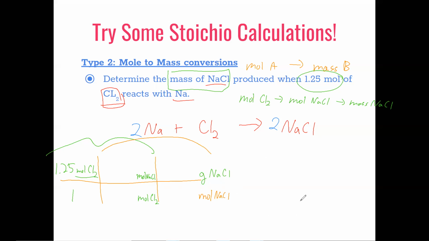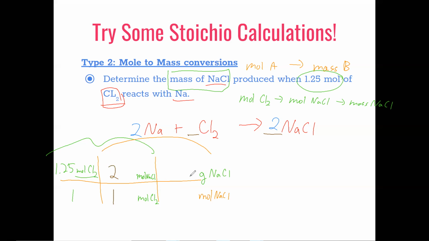And now we can fill in some numbers. This mole over mole is going to be our mole ratio, and that's going to come from our balanced equation. Our number next to NaCl is 2. Our number next to Cl2 is not there, so it's going to be a 1.